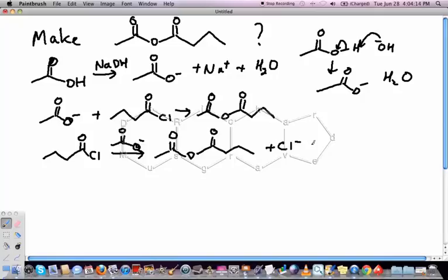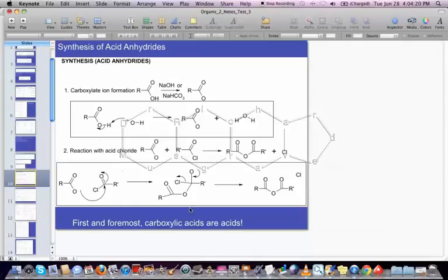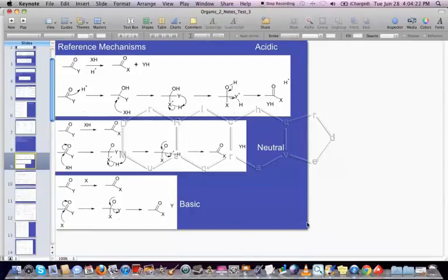Alright, so as I said, we can identify this as being a basic mechanism by looking at the fact that we have an acid chloride here, and then we've got a carboxylate ion above the arrow, and that's going to result in this X group, which is the whole carboxylate ion, replacing the Y, and we'll get Y negative as a side product as well.